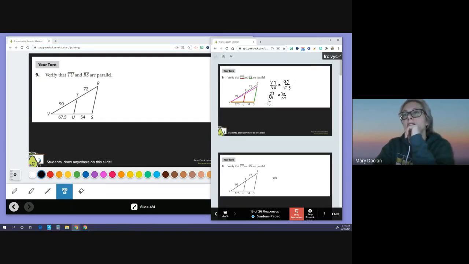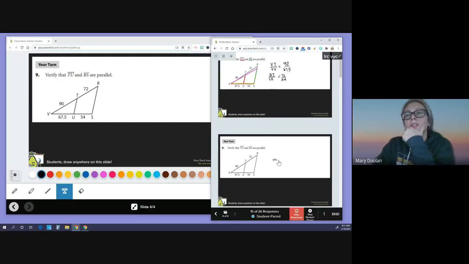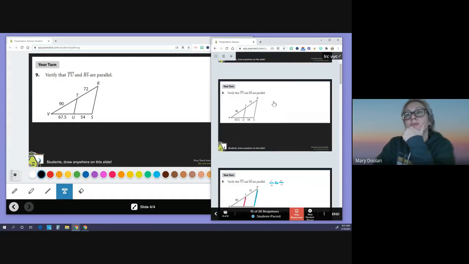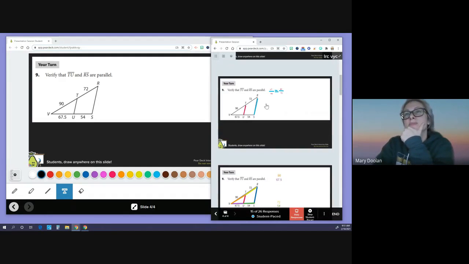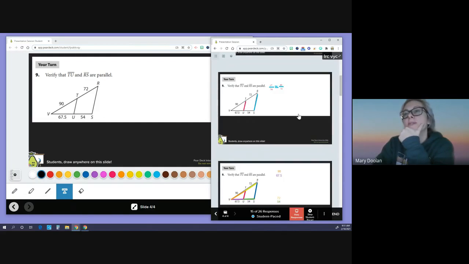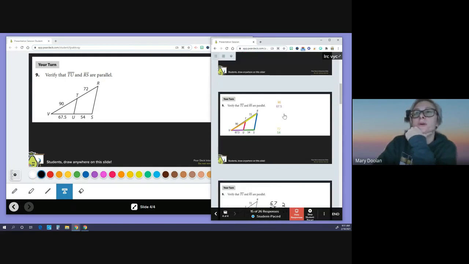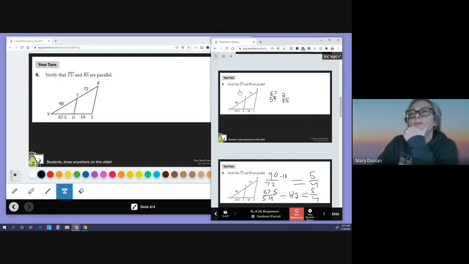RT is to US, so 72 over 54. So we'll see, does that set up work for the proportionality theorem? Maybe. This person just wrote yes. This person put VT to TR, which is 90 over 72. That's how I would set it up. I'm not saying the other way wouldn't work, but we'll see. 90 over 67.5, 72 over 54. We're going to find out.